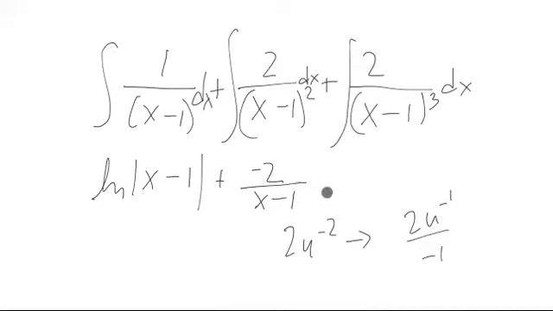Okay, so we got that, and then do a similar procedure over here. So this is 2u to the negative 3. And the antiderivative, we have u to the negative 2, but then you divide by negative 2, and you have a 2 there. Those 2's cancel.